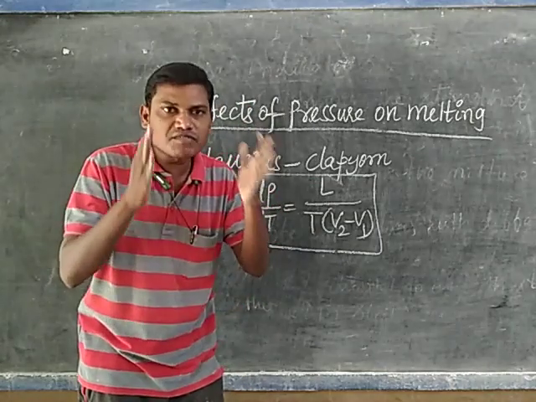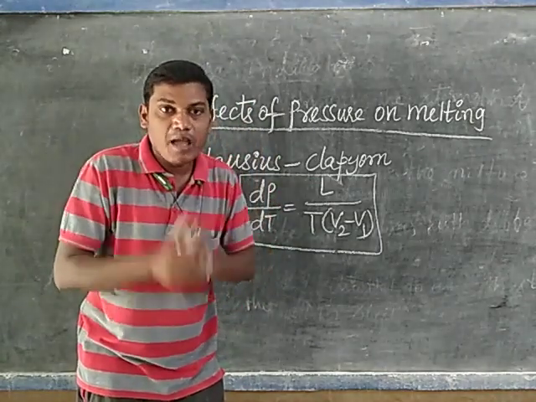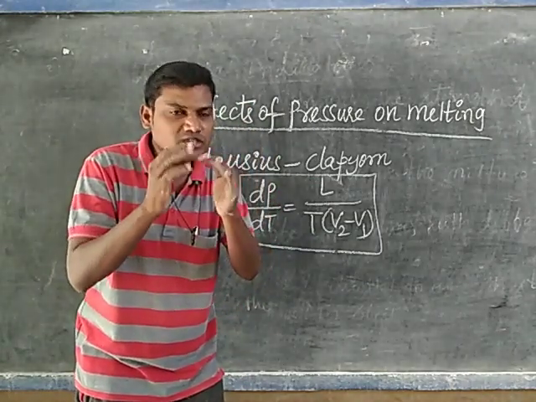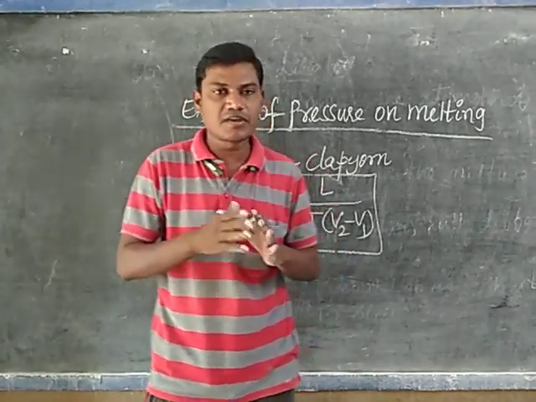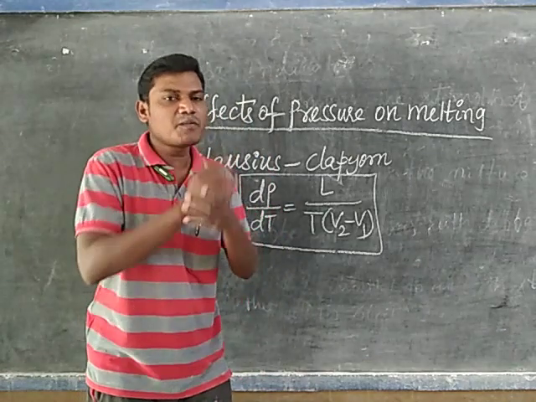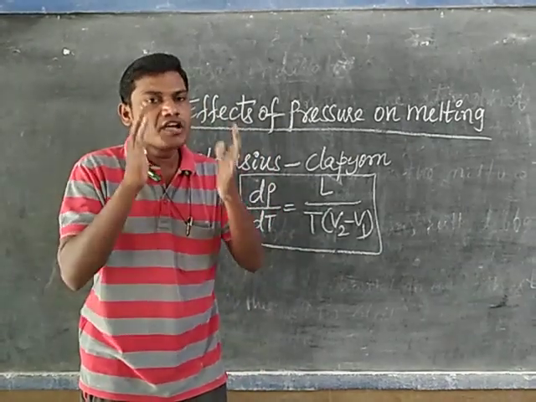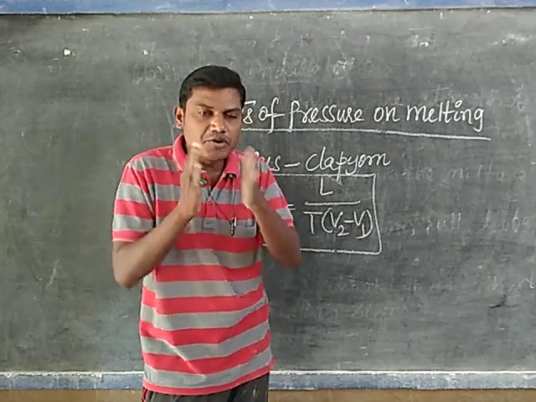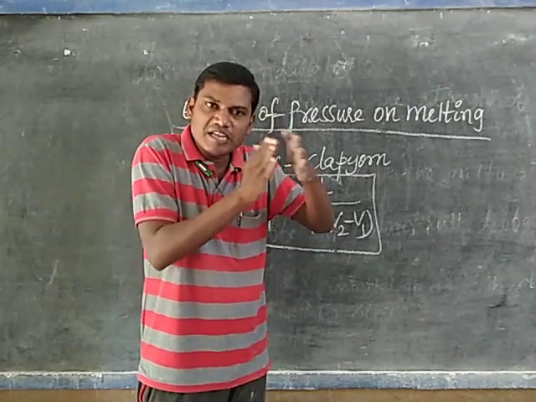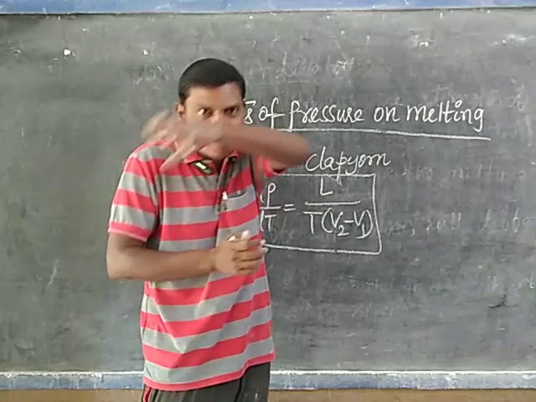But most substances behave like this. But in the case of a few substances like iron, ice and antimony, they show some special behavior. During melting, heat energy is absorbed.